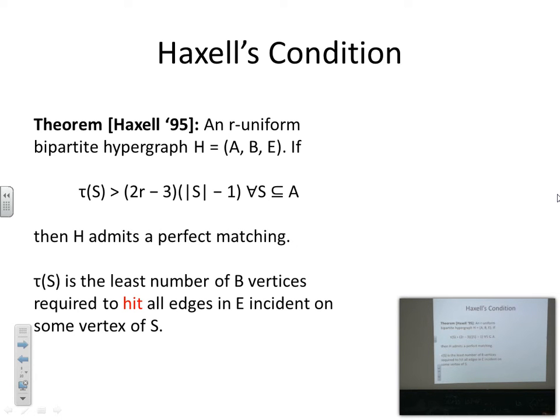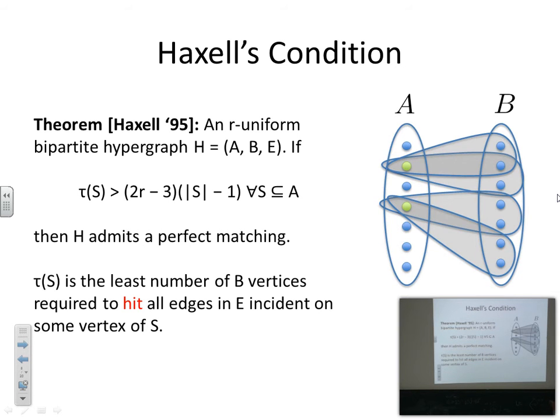Given a subset of vertices S, consider the collection of all the edges in your hypergraph that are incident to some vertex in the set S. This is a sub-collection of the edges. And now what is the fewest number of vertices from the B side that you need to hit all of these edges? By hit, I mean that a collection of vertices hits a collection of edges if each edge contains at least one vertex from the collection.